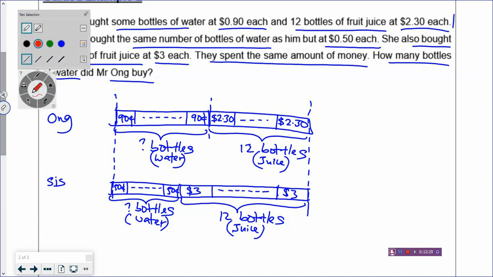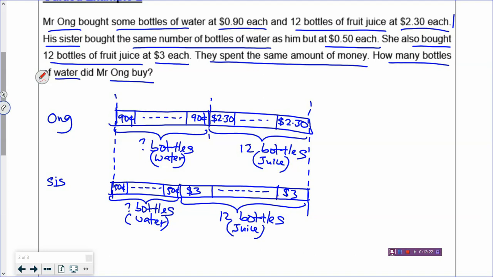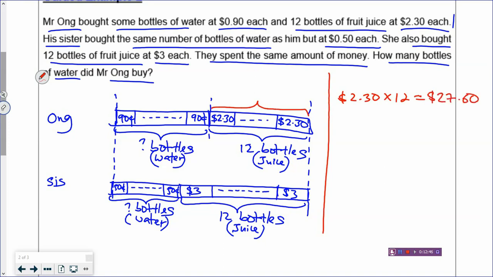So how do we do? Now let's look at this and try to solve it. First step, can you find how much all the 12 bottles of fruit juice cost? So you take $2.30 and multiply by 12, right? 2.30 times 12 will give you $27.60.